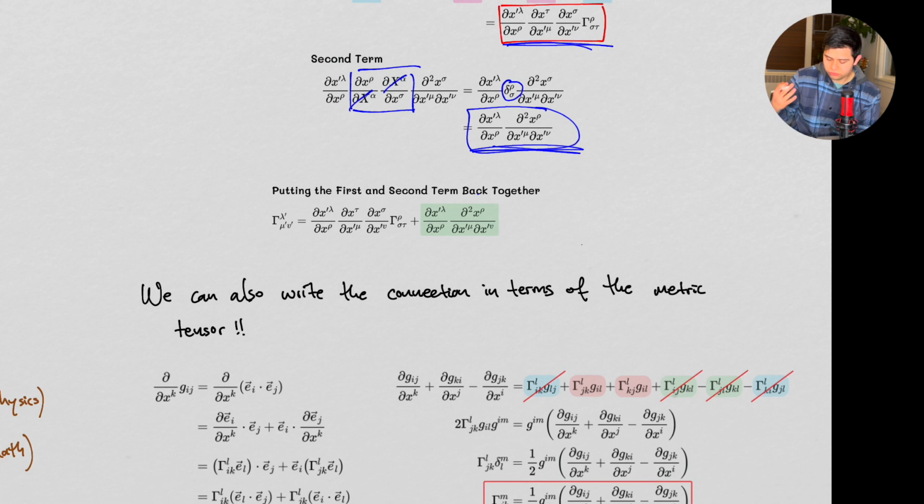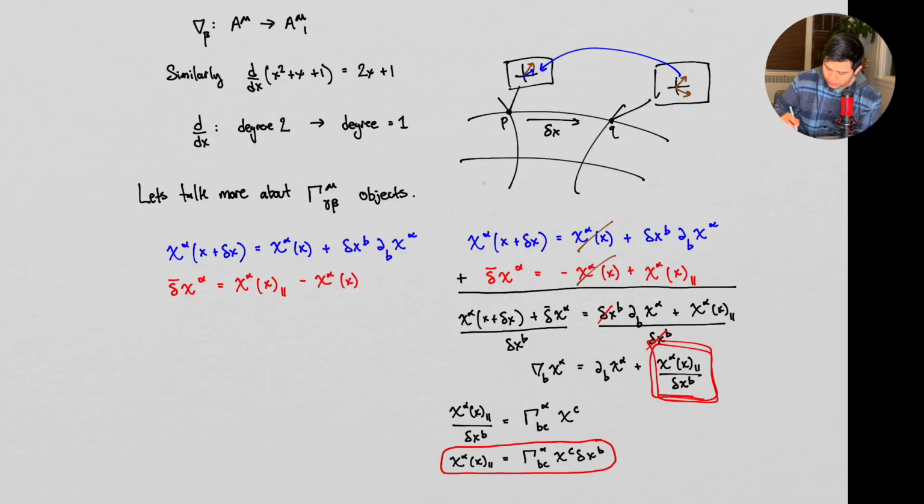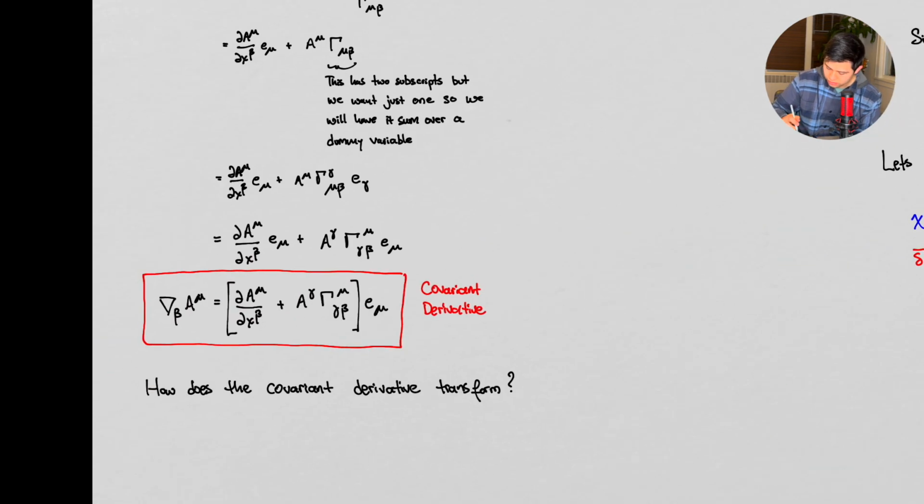So that's proof in the pudding that this connection is not a tensor. But when it's applied in this way, it has to be added to this so that we can get our covariant derivative.